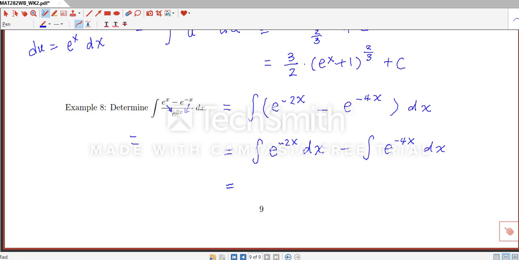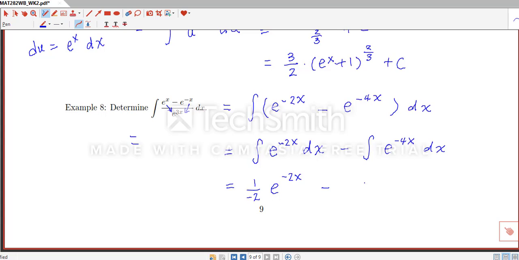Now we apply the u-sub in two different ways. The first one is u equals negative 2x, and in this case we will get e to the negative 2x times 1 over negative 2 in the front.